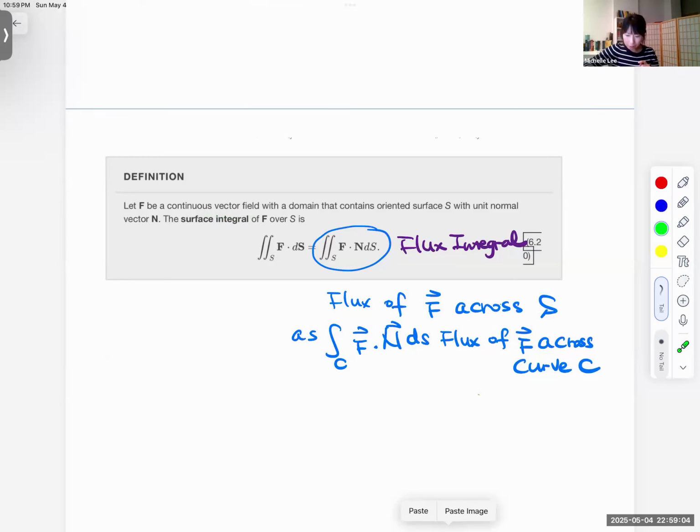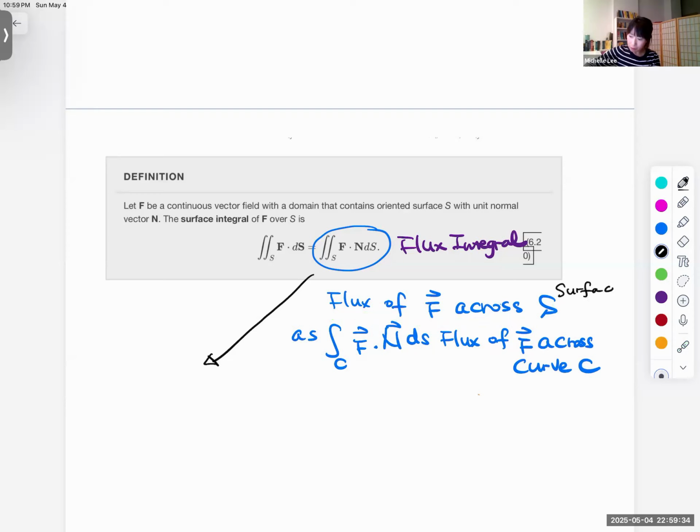Okay, so we have the double integral over S of the vector field dot ds equal to, we can express this way, right? Okay, so this means, let me read this one first. It's a flux of the vector field across the surface. Yeah, this is the surface.